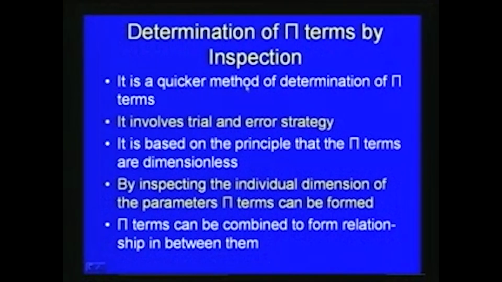It is a quicker method of determining pi terms. It involves a trial and error strategy. It is based on the principle that pi terms are dimensionless, and by inspecting the individual dimensions of the parameters, pi terms can be formed and combined to form relationships between them.